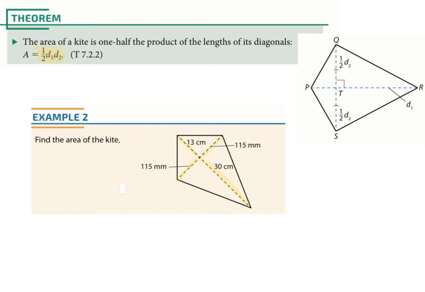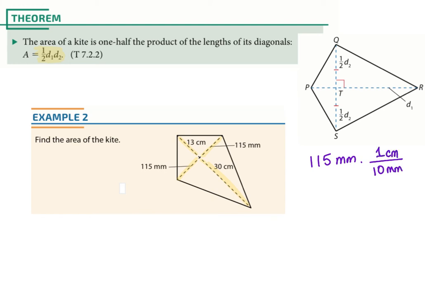They converted from millimeters to centimeters. So if I want to take 115 and convert it from millimeters to centimeters, I ask how many millimeters are in a centimeter. There are 10 millimeters in every 1 centimeter.